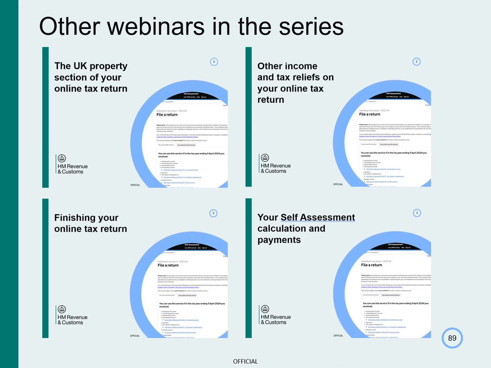Other webinars in the series include the UK Property section of your online tax return, other income and tax reliefs on your online tax return, finishing your online tax return, and your self-assessment calculation and payments. You can find out about these webinars and about other products to help you with your tax return on our HMRC email updates, videos and webinars for self-assessment page on gov.uk.